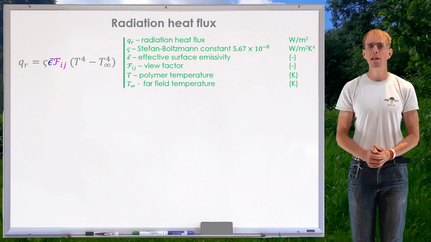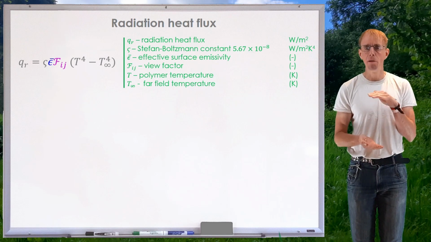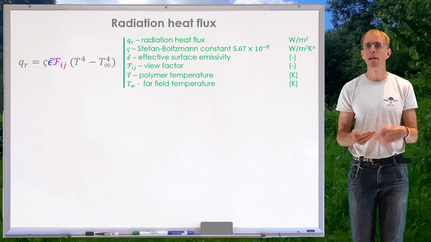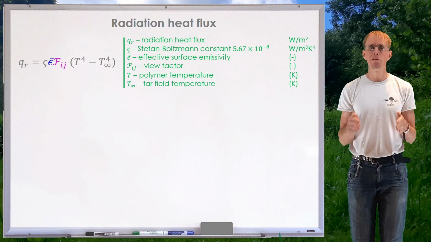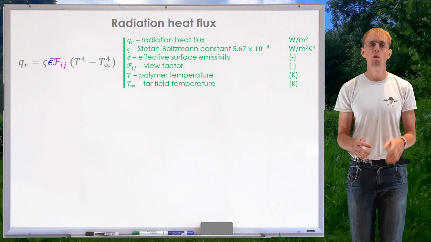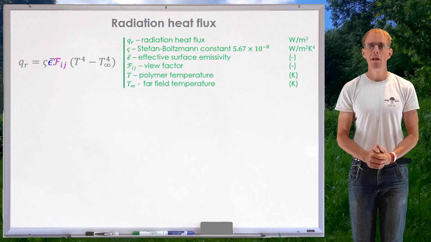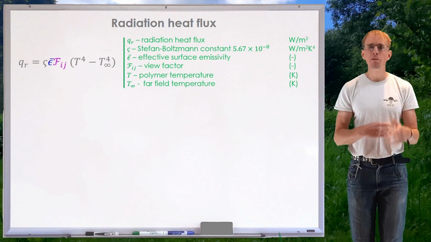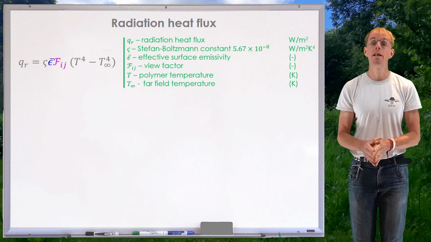Script F_ij is my view factor. It's how much energy emitted by one can be received by the other, and again we'll talk more about that in a minute. Then I have my temperature driving force, the difference between the fourth power of my body temperature less my far field temperature. And it's that fourth power that gives us a hint here that solving radiation heat transfer problems is inherently nonlinear.